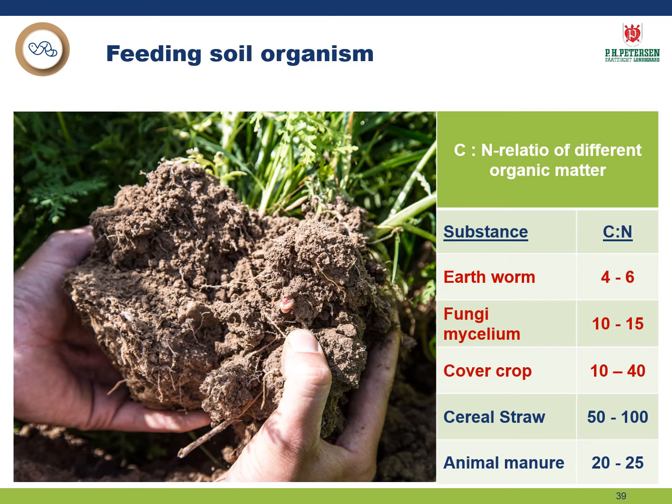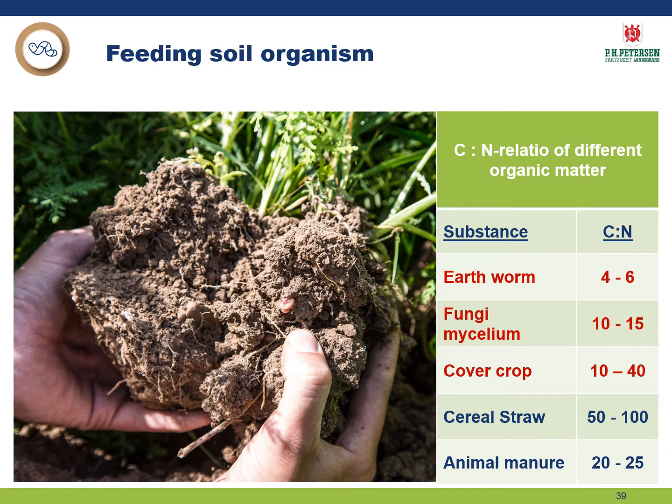There are a lot of soil organisms which have as a CN ratio very similar conditions as the cover crop. So a cover crop has a CN ratio of about 10 to 40 and it is close to fungi or like the earthworm.